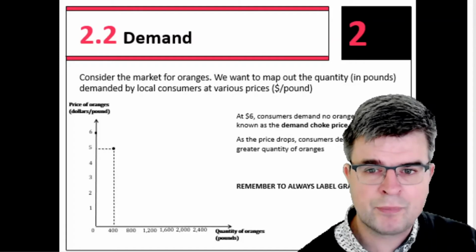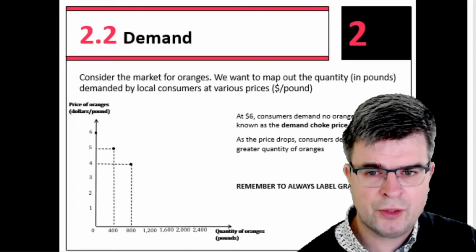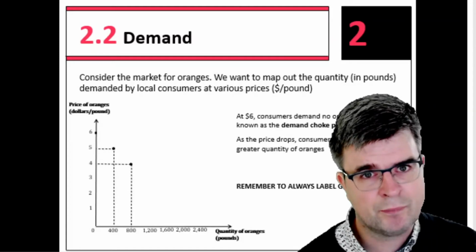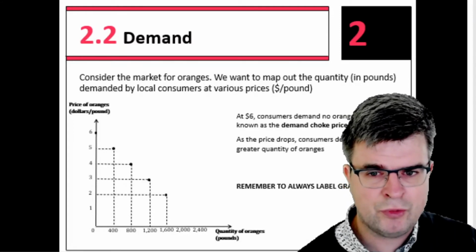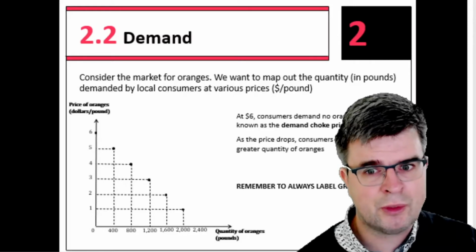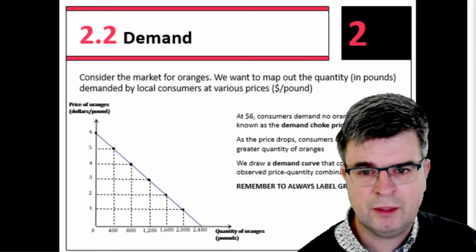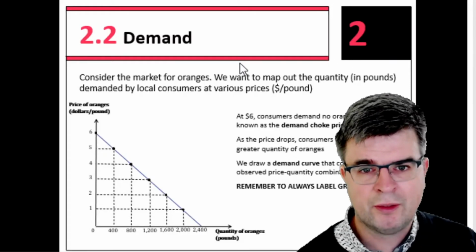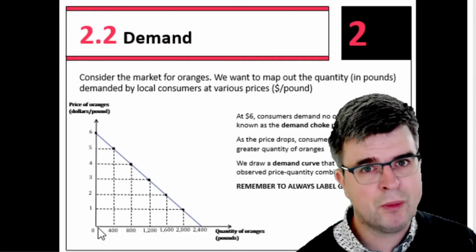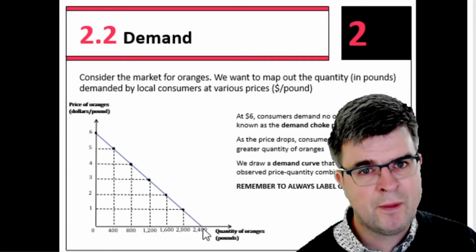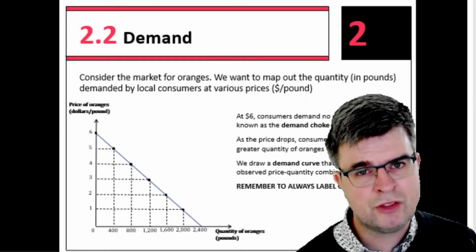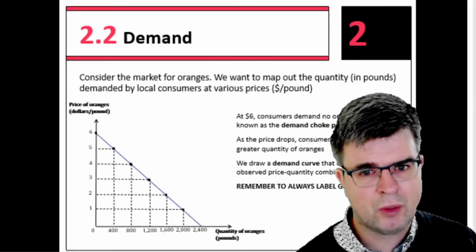If we drop the price further to 4, then demand increases further to 800, then it increases to 1200, and so on and so on. And if the oranges are for free, if the price is 0, then we are at the intersection with the x-axis, and the total quantity demanded is 2,400 oranges.